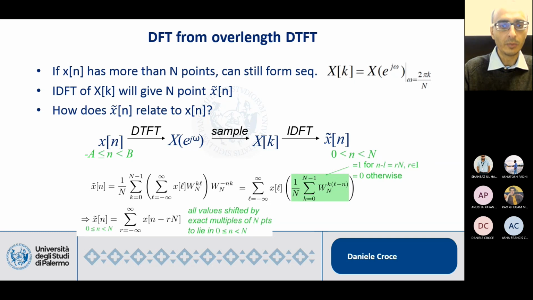Otherwise, the other elements will be 0. And so what we obtain is that the sequence x tilde of n is equal to the original sequence x of n, but there will also be replicas of the original sequence shifted by multiples of capital N.